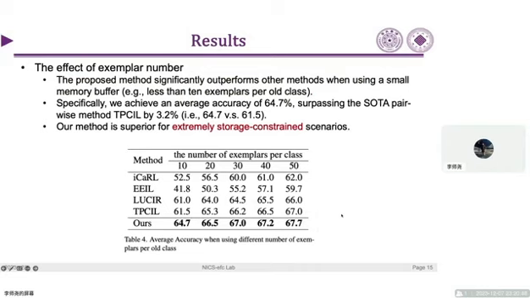Finally, we also found that our method is very useful when only using a small memory buffer, as we can see, less than 10 exemplars per old class. This means our method is superior for extremely storage-constrained scenarios.